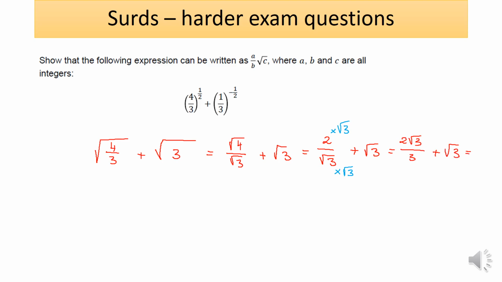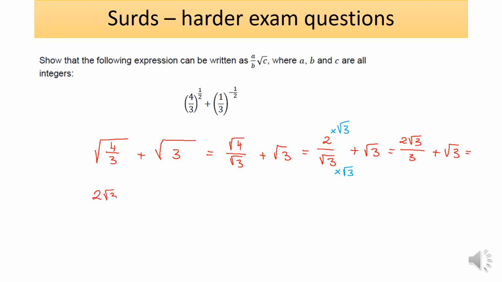Now I want to be able to add the fraction and the square root of 3. So I'm going to write the square root of 3 as a fraction with the same denominator.